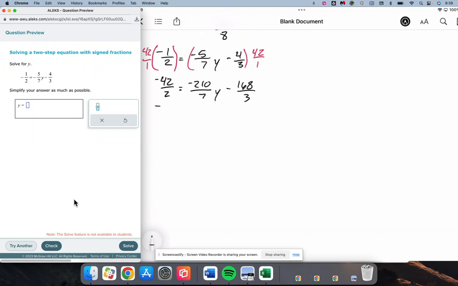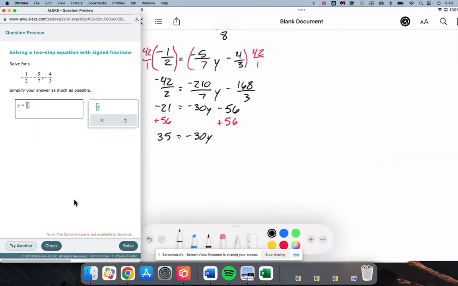And so simplifying those fractions, we get negative 21 is equal to negative 30y minus 56. Okay, we see that we're subtracting 56 from the variable, so we're going to add 56. And we get 35 is equal to negative 30y.